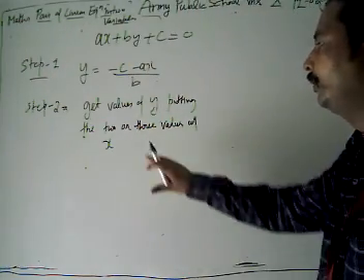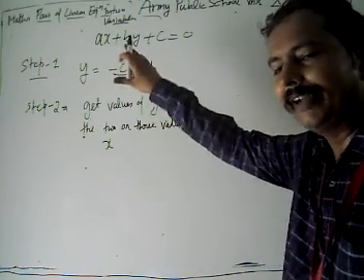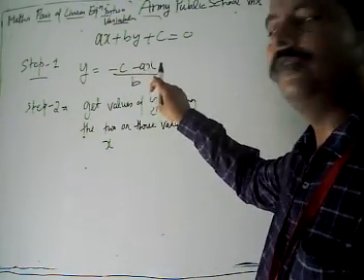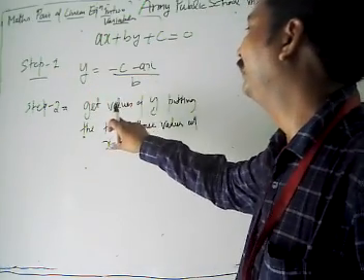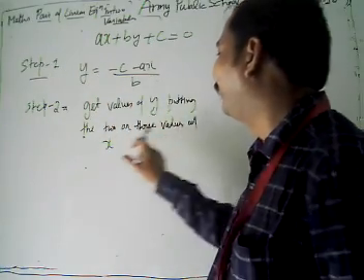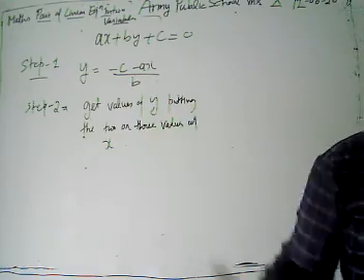We put 2 or 3 values of x to get the value of y. This is our second step.